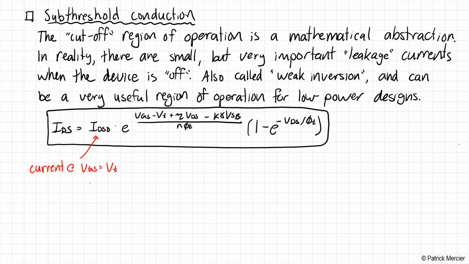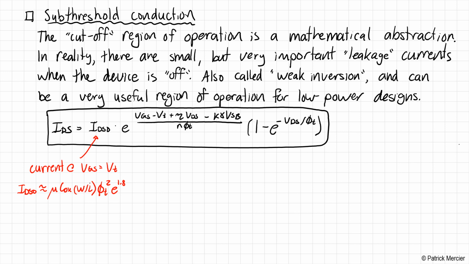So if we put VGS right on the threshold, we get a current that we call IDS0. It's approximately equal to, and this is a bit of a heuristic, mu Cox W over L times phi T squared times e to the 1.8. Okay, so obviously, some approximation here.